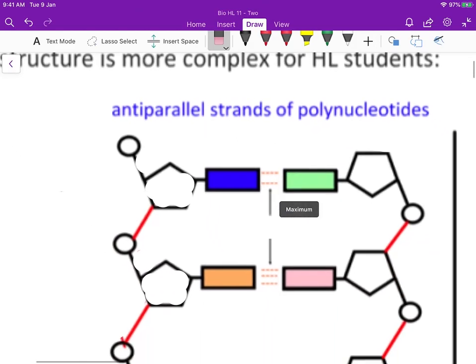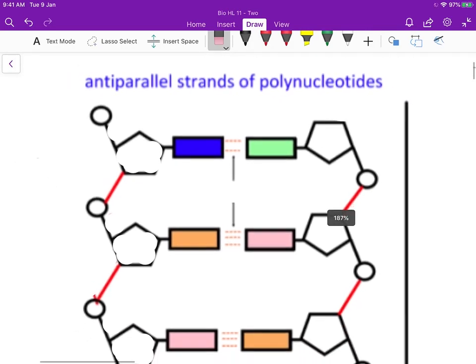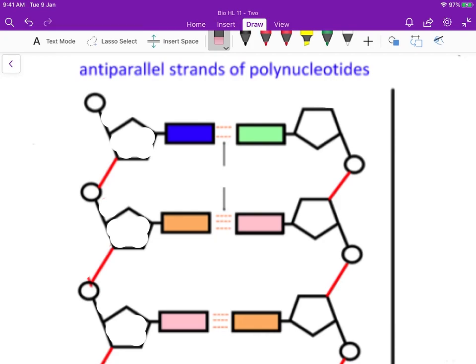So we are looking at two strands that are anti-parallel, and around those strands we're going to try and label every feature of them. First of all, within these nucleotides, we're going to try and label all of the positions of the carbons.